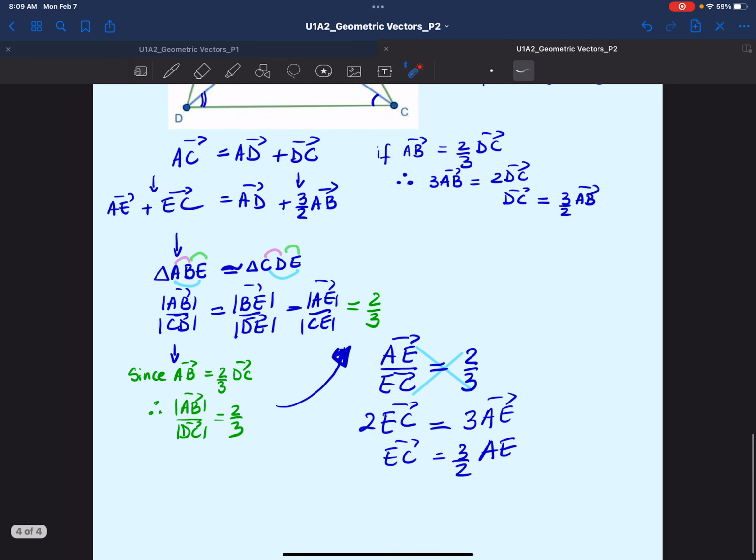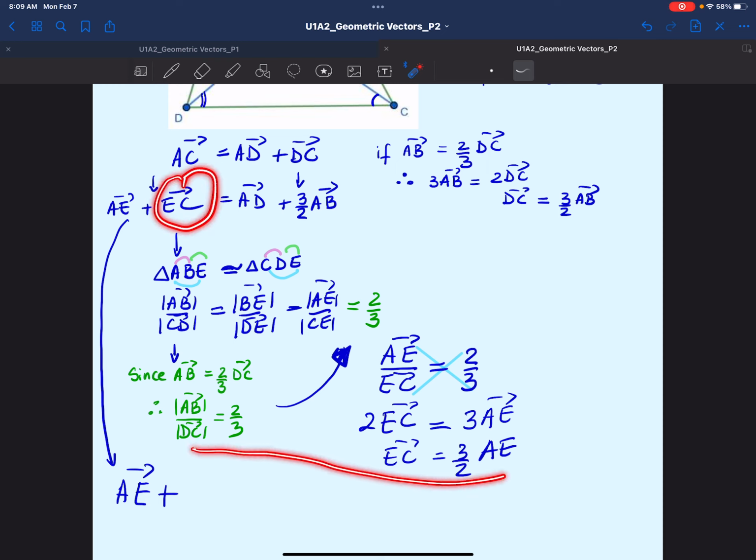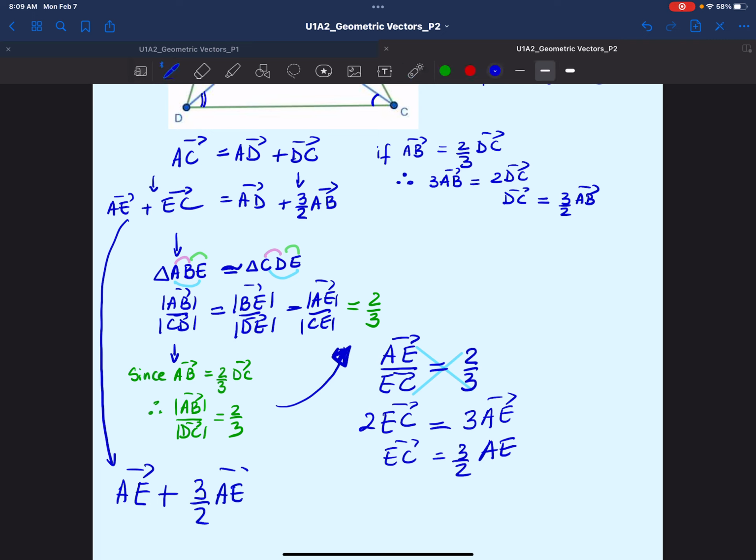So now we can replace EC with something in terms of AE here. So now it's the moment. We're writing AE plus, again, instead of EC, that's why we did all this work, we have 3 over 2 AE, equals AD, which was already there, and then plus 3 over 2 AB.